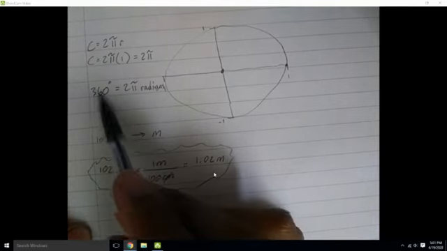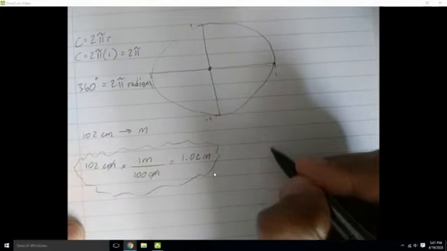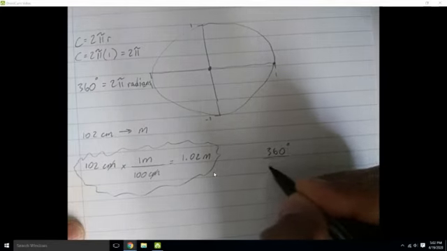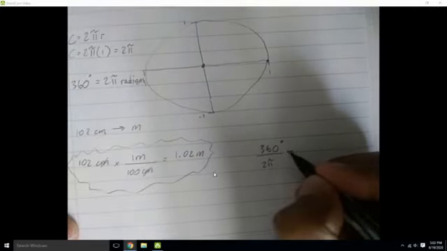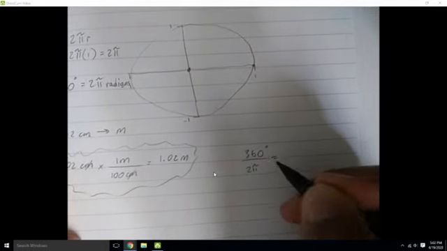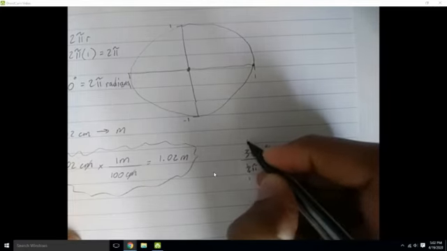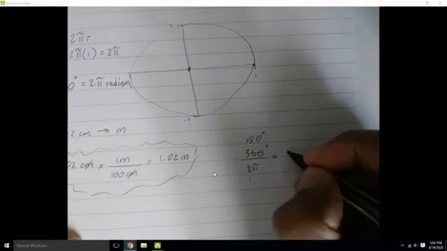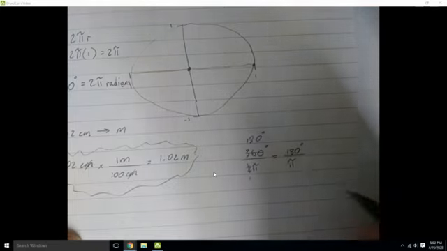So if we know 360 gives us 2 pi radians, then in the same way, we know that in 360 degrees, there must be 2 pi radians. Okay? Now we can break this down to make it simpler. 2 can go into itself one time, and 2 can go into 360 180 times. So another way of writing this would be 180 degrees over pi.